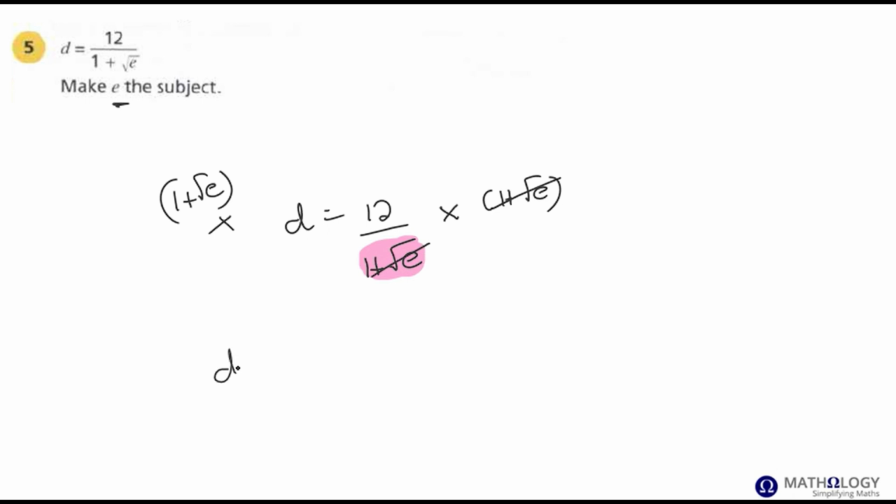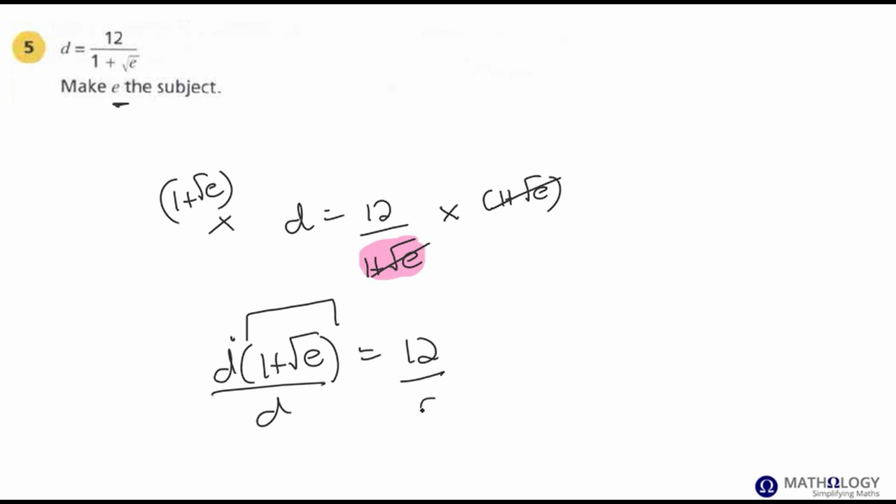On the left hand side, we have D times 1 plus the square root of E. On the right hand side, we have 12. Now we can divide by D because this bracket, 1 plus root E, is multiplied by D. And we want to reverse the multiplication, so we are going to divide both sides by D. So we now have 1 plus the square root of E equals 12 over D. Now we have the square root of E plus 1 on the left hand side.